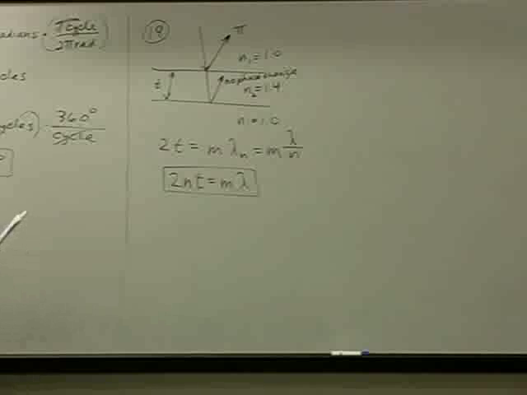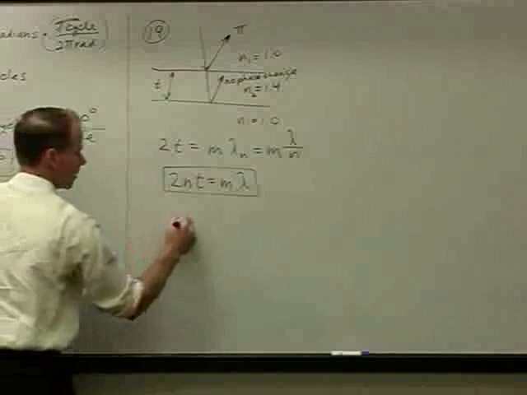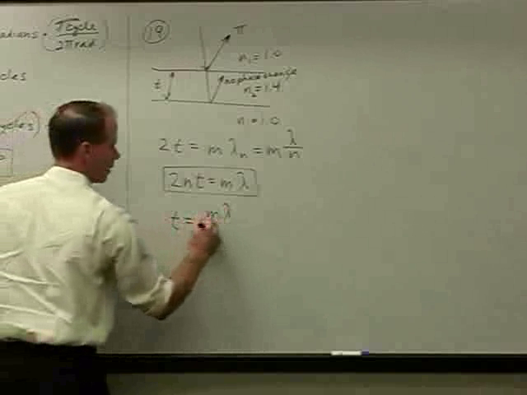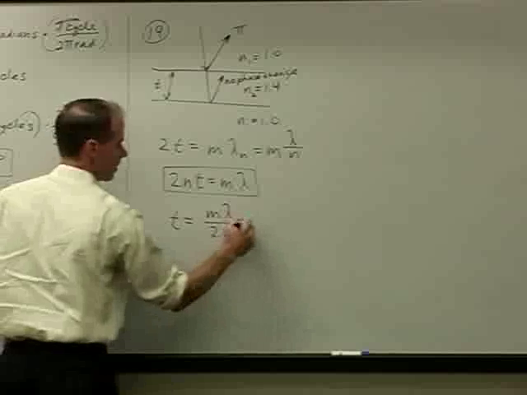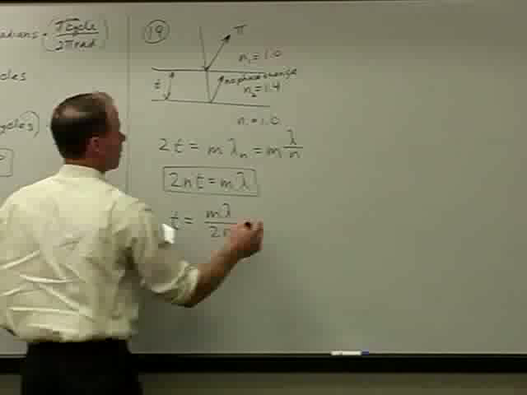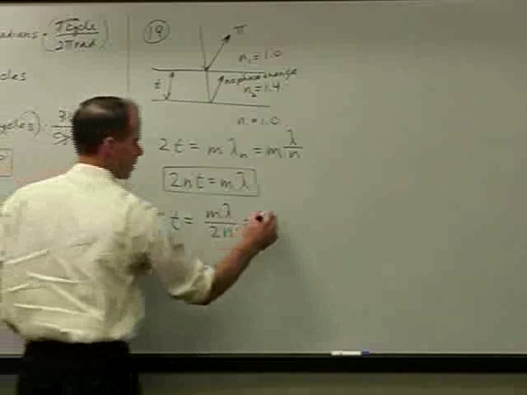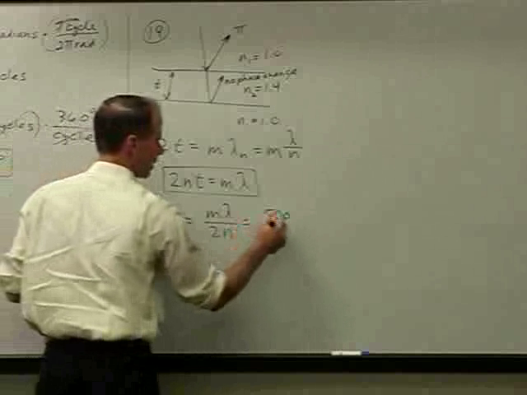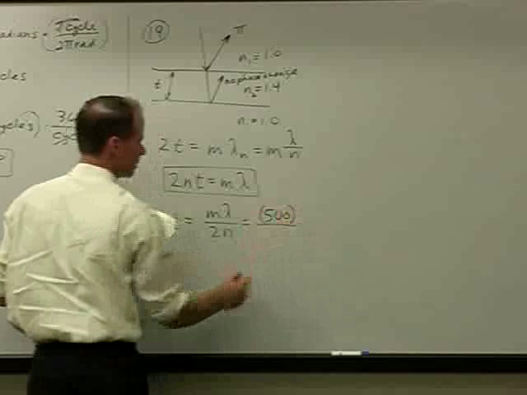So in this case, we want to find the thickness. So thickness will equal m lambda over 2 times n. Lambda is 500 nanometers. Let's keep it in nanometers.